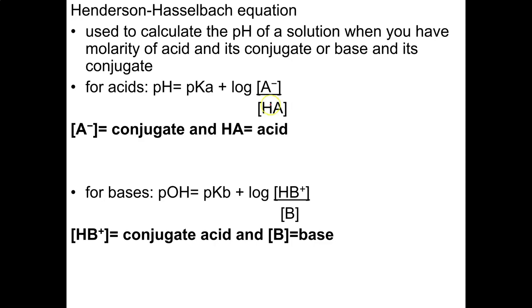This is basically products over reactants. If I'm trying to figure out the pH of a buffer scenario, which is typically what they ask, they'll give you the Ka, and you'll be able to get these numbers somehow, then plug and chug and solve for it. This will save you an inordinate amount of time. So make sure you're comfortable using this, and we'll be practicing it, obviously.